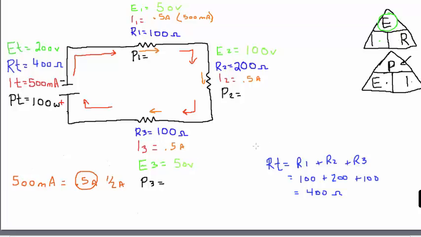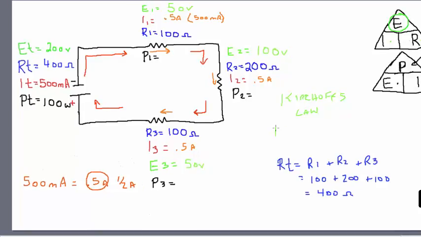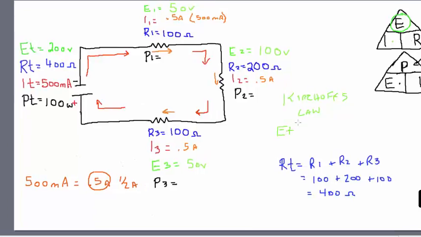And 3, exactly the same as resistor 1, the same values, 100 times 0.5, so we must have 50 volts. Kirchhoff's voltage law says that the amount of voltage drop around a closed loop must equal my voltage applied. My total voltage in this circuit equals my voltage at 1 plus my voltage at 2 plus my voltage at 3.